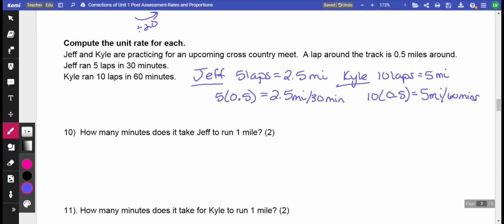Number 10, how many minutes does it take Jeff to run 1 mile? Well, if we have 2.5 miles for 30 minutes, I just want to know for 1 mile. So I'm going to divide my numerator and denominator by 2.5.